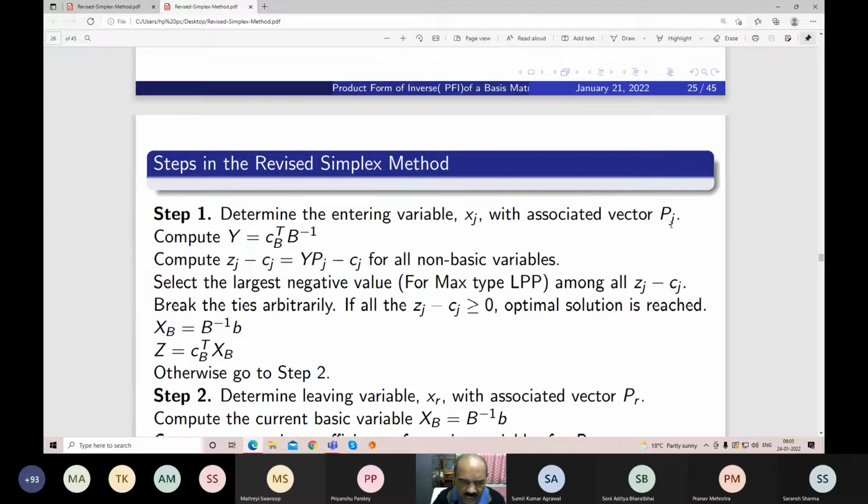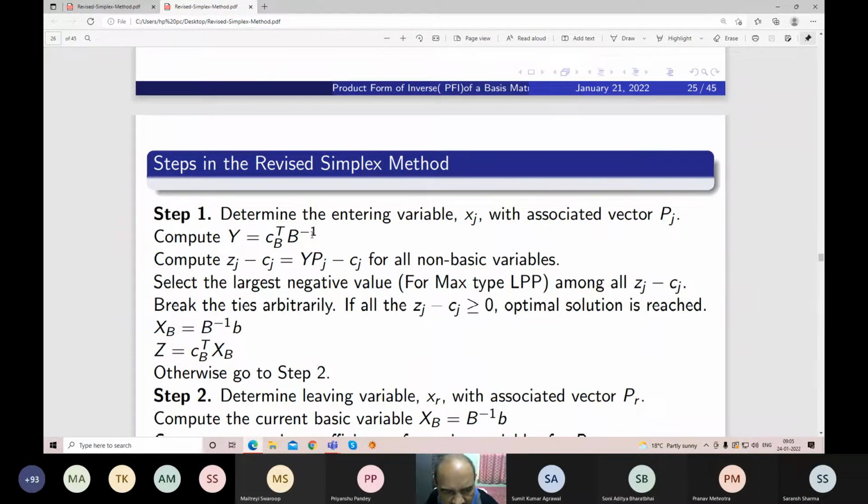Generally, this Pj, we are talking with respect to the non-basic variables. We are going to compute with respect to the associated vector Pj, our y equal to CB transpose into B inverse.